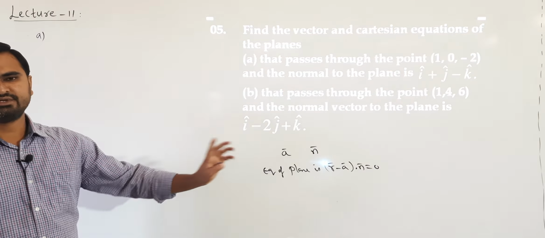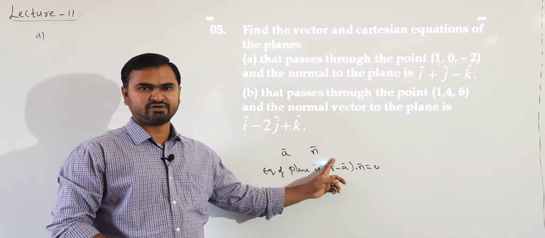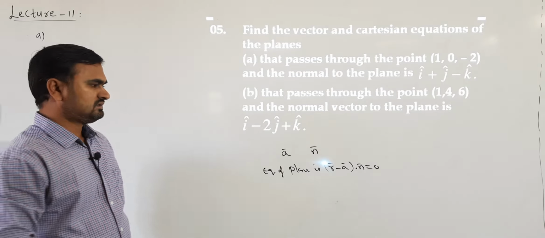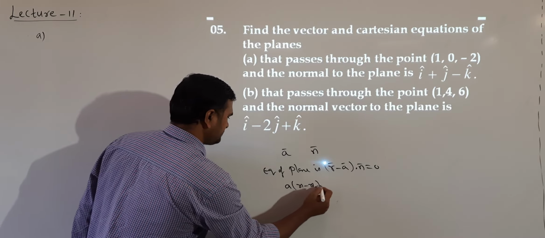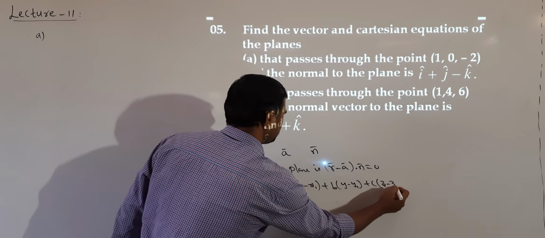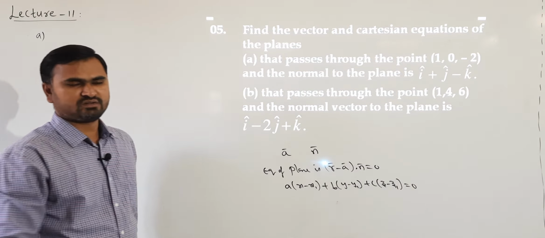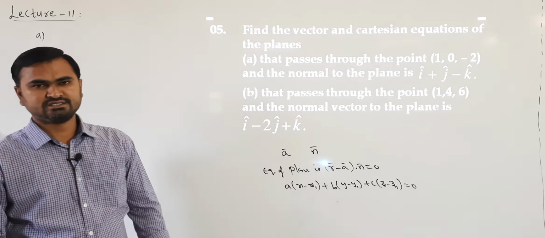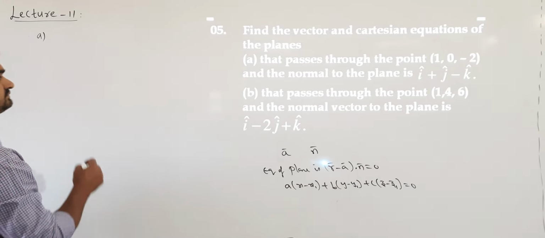Remember, we have derived this equation. This is in vector form. In Cartesian form: a into x minus x1 plus b into y minus y1 plus c into z minus z1 is equal to 0, where a, b, c are the DRs of the normal to the plane, and (x1, y1, z1) is the point through which the plane is passing. So using this formula we can solve this question.